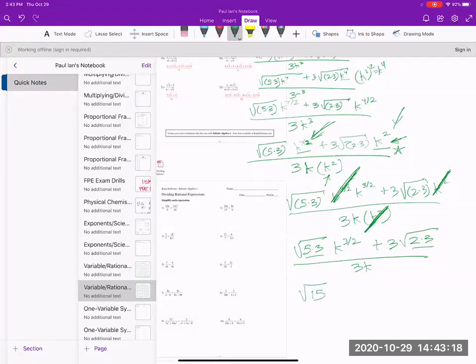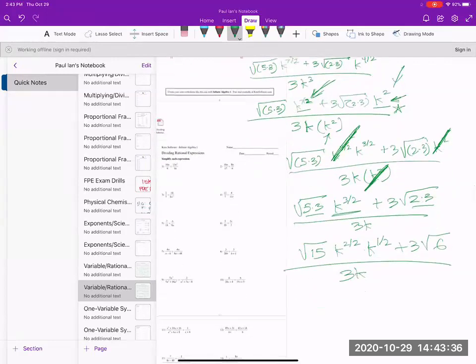And then this right here, you've seen this before. What you have to do here is k to the 2 halves times k to the 1/2, right? That's the same thing. And then let's simplify this other radical: 3 root 6 over 3k. Now one last simplification. k to the 2 halves is just k, right? Okay, so that's k.